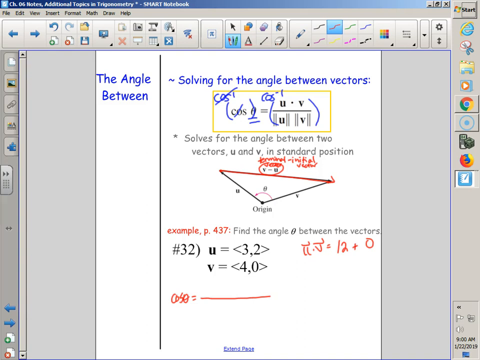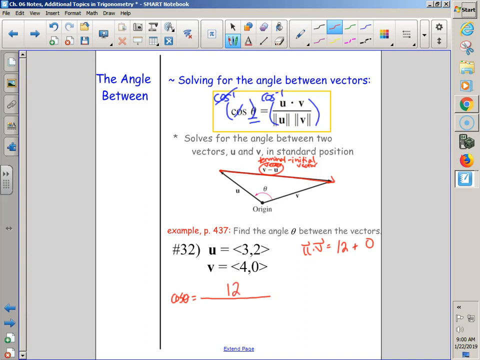In order to plug into this formula, we need a dot product. The dot product says take the first, multiply, plus take the seconds, multiply. So what's 3 times 4? 12. And what's 2 times 0? 0. I'm just doing a dot product. And 12 plus 0 equals?